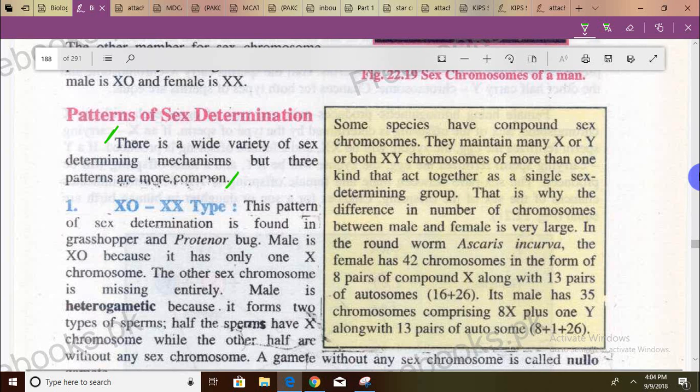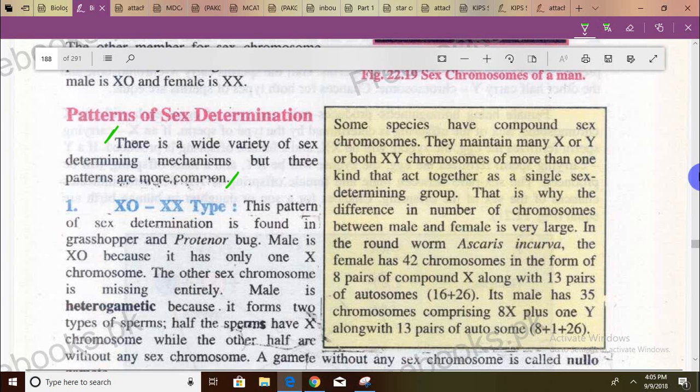In the roundworm Ascaris incurva, the female has 42 chromosomes in the form of 8 pairs of compound X along with 13 pairs of autosomes. The male has 35 chromosomes comprising 8X plus 1Y along with 13 pairs of autosomes. It's interesting, worth writing down.